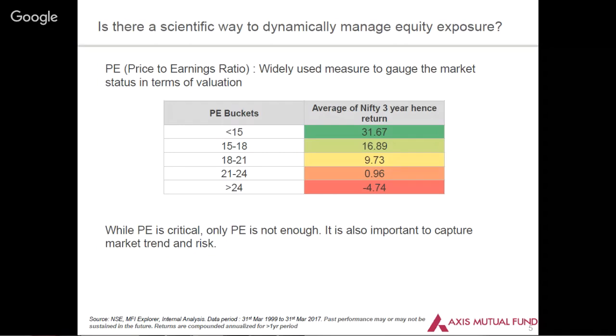Depending on what the exposure is, some of that can be done in cash equity. In some cases, it can be done through derivatives as well. Derivatives become relevant if the model is making us reduce exposure below 65%.